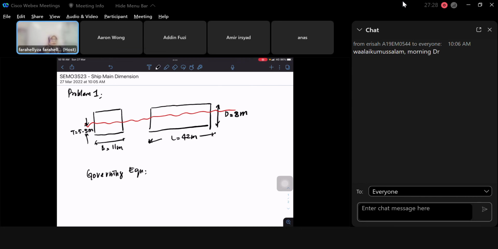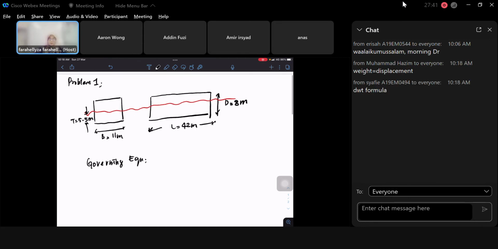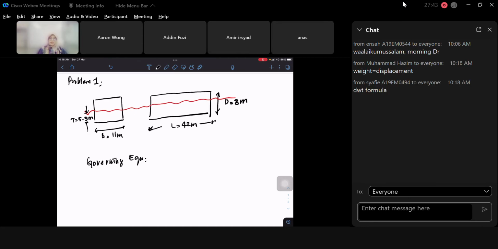So what are these governing equations? Can anyone tell me what the governing equations are? Yes, thank you very much to those who answered. So the governing equations are the basic equations that you need to hold to make sure that you solve the problem.